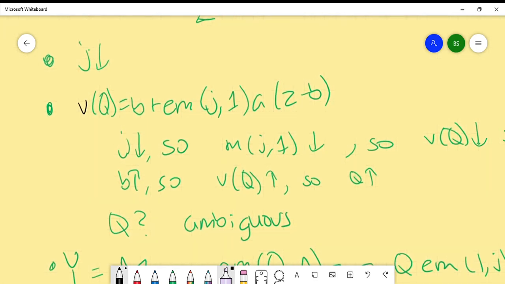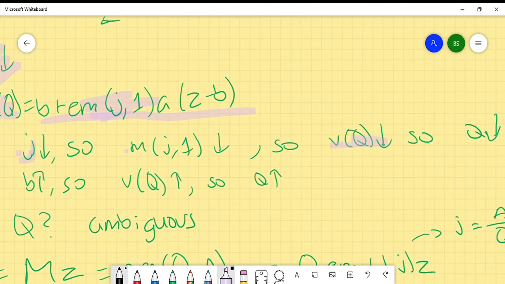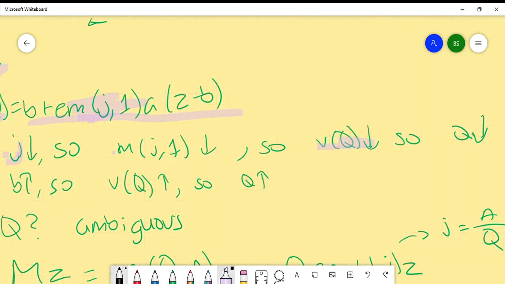First of all, we know that J decreases. Second, with VQ equals B plus EM and so on, J decreases, so the whole EMJ term decreases, so VQ decreases. Is there anything else? Right, and since VQ decreases, Q decreases.